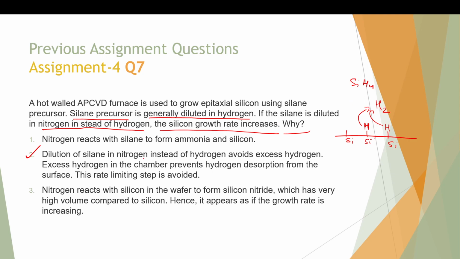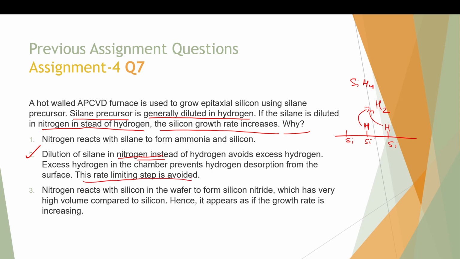So instead, if we have nitrogen as the gas for dilution, there is no hydrogen present in the chamber, only hydrogen that is coming from silane. Then because of less partial pressure of hydrogen, it will be easier to desorb this hydrogen.